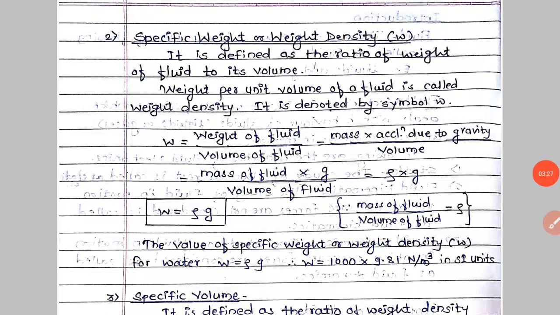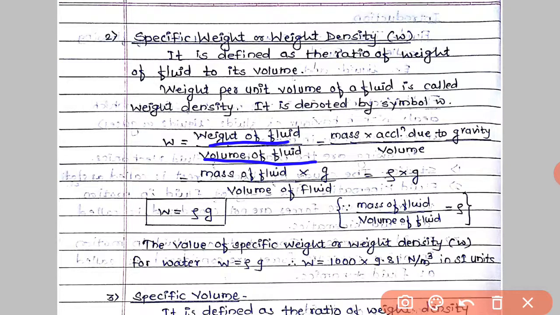Second property is specific weight or weight density, which is denoted by small w. Specific weight or weight density is defined as the ratio of weight of the fluid to its volume. So weight per unit volume is also called as weight density, and it is denoted by symbol small w. So w is given as weight of the fluid to its volume.